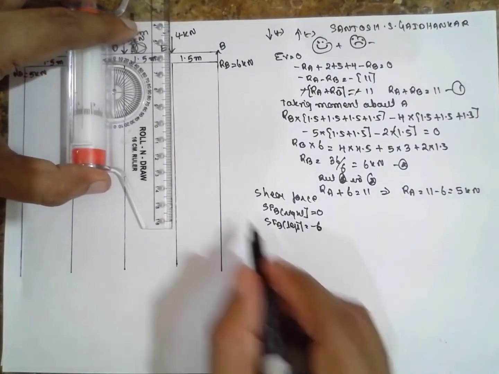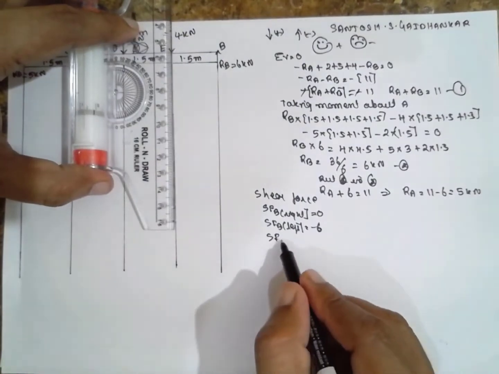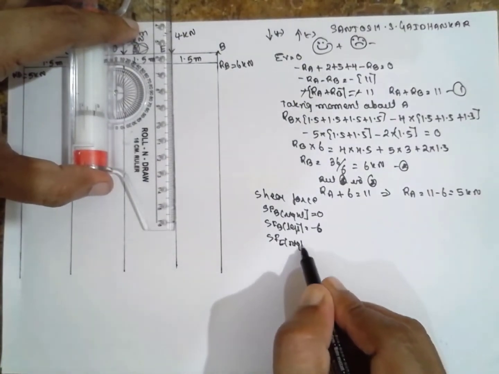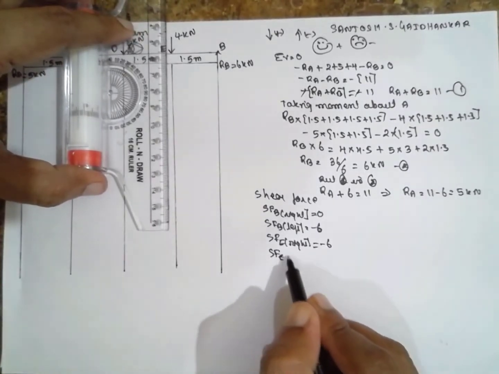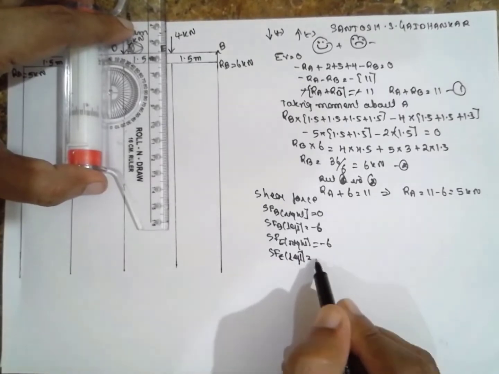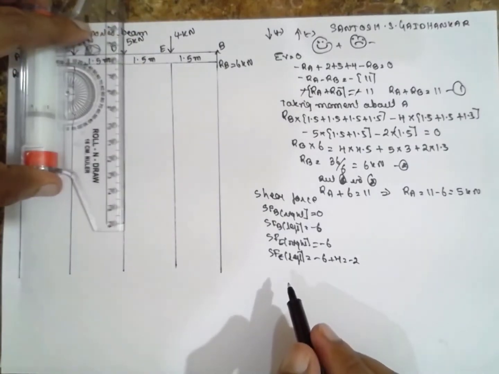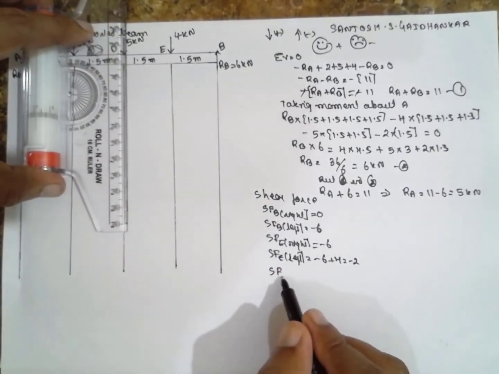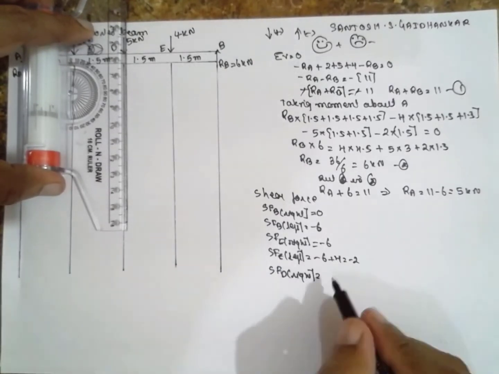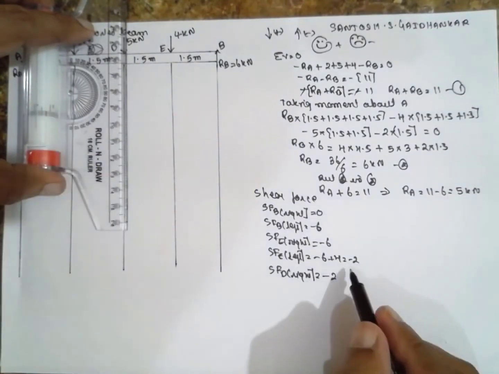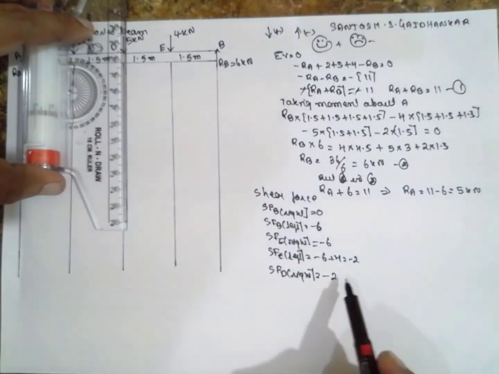Now I will go for E. There is a point load acting, therefore right and left. SF at E, right, is the previous value. Now SF at E, left: minus 6 plus 4, minus 2. Next at D, again left and right. SF at D, right, is the previous value, minus 2, because minus 6 plus 4 is minus 2.